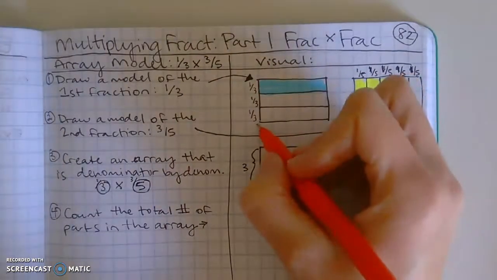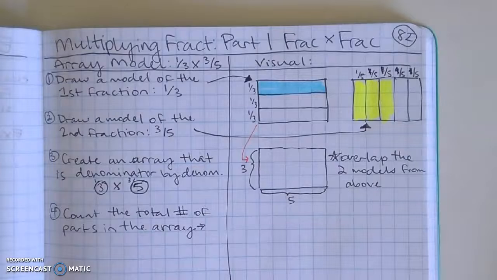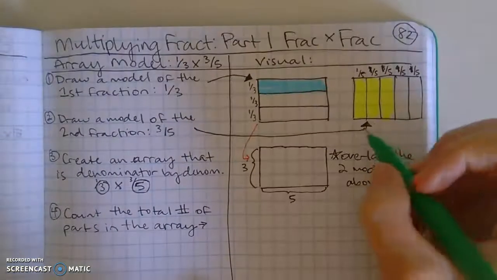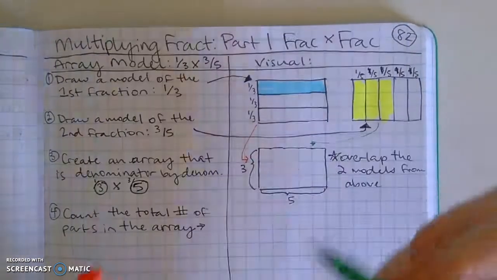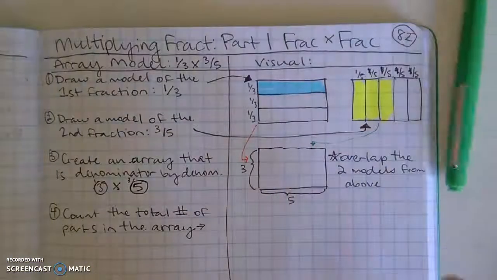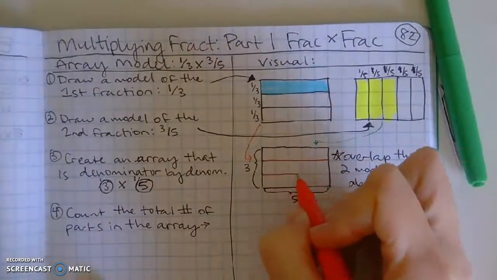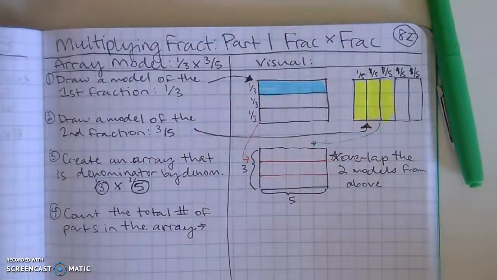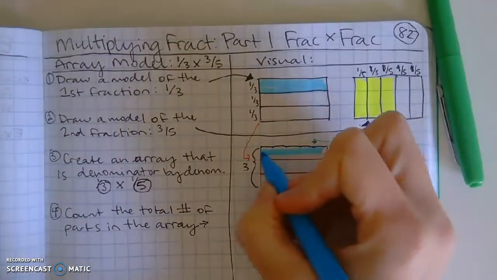So this model is going to come down here. And then this model is going to come down here. Okay, so I'm going to do my thirds this way. And I'm going to color that in. So I know I had 1/3.